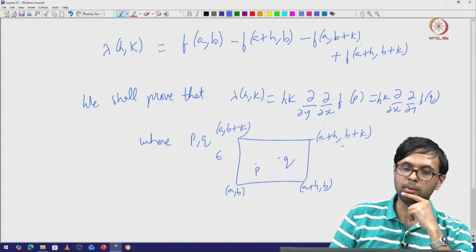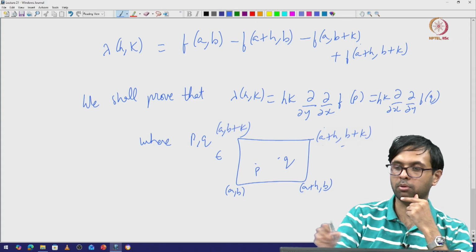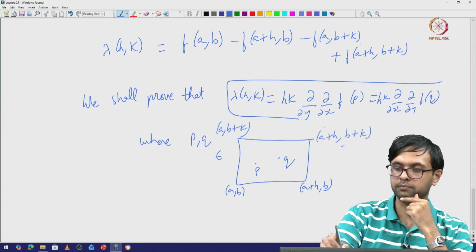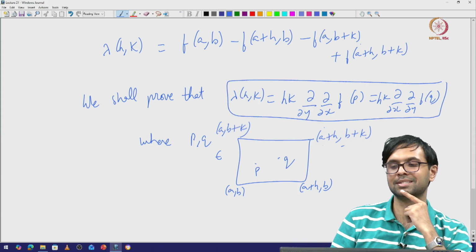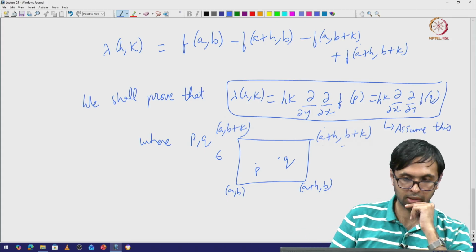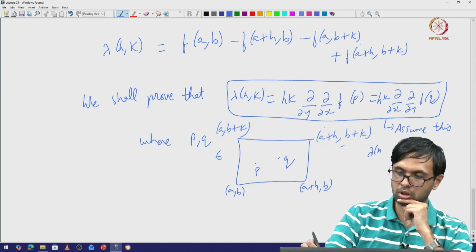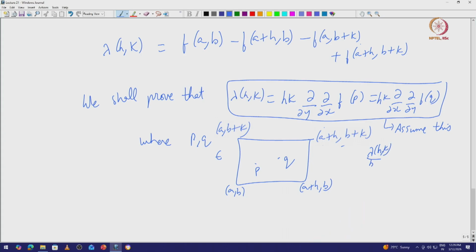How does it help? Suppose you assume that this proposition has been proven. Assume this is true. How does that help, right? The way it helps is lambda of h comma k divided by hk is, let's call this fyx of p. This is fxy of q.